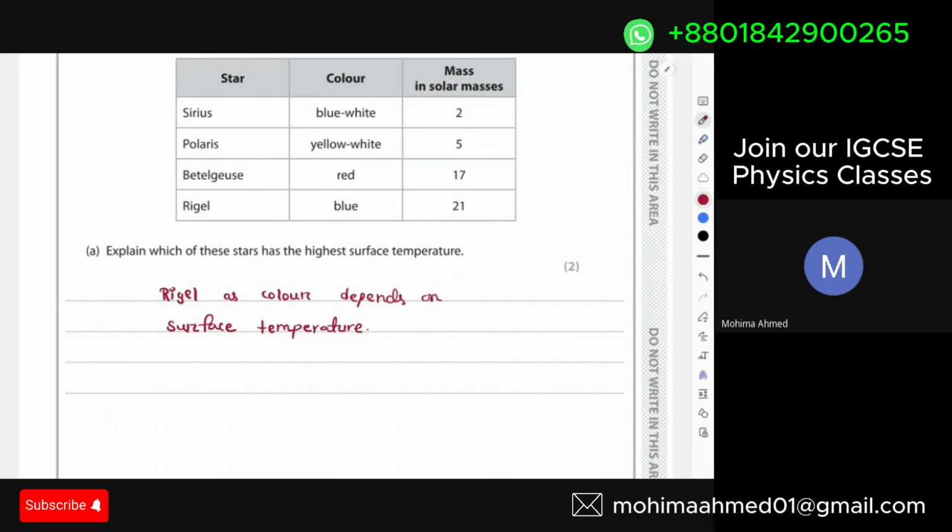After the end of the main sequence, Regal will become a red supergiant, whereas Sirius will become a red giant. Sirius was also at the end of its main sequence, but with a lower surface temperature, so it might become a white dwarf or red giant, but Regal will become a red supergiant.